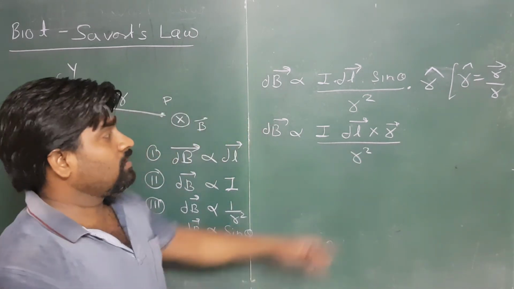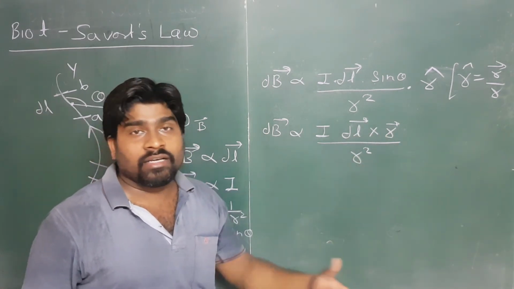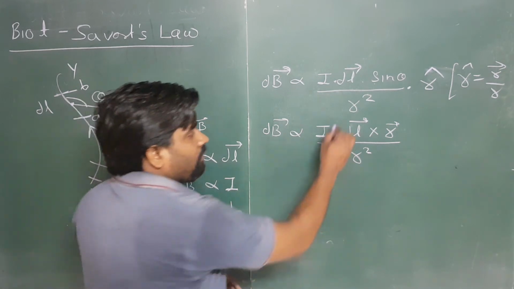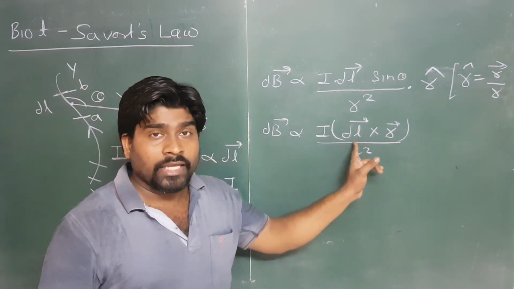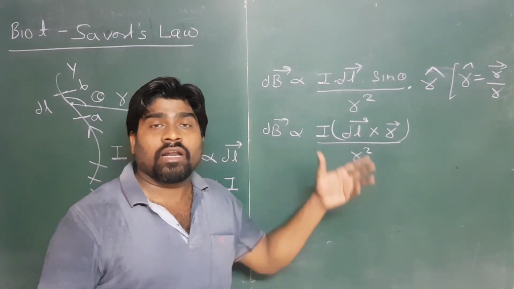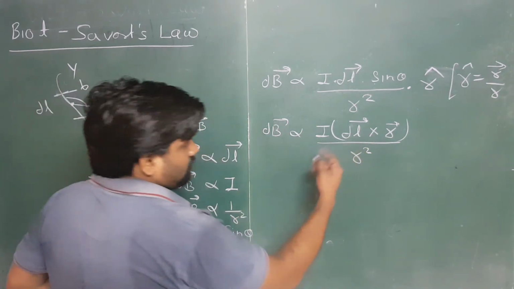Here theta is the angle between dl and r. It can be 90 degrees, less than 90 degrees, or 0 degrees also. So I have written the vector product of dl and r. Here dl also has a direction, which shows the direction of the length. So I dl cross vector r over r square.